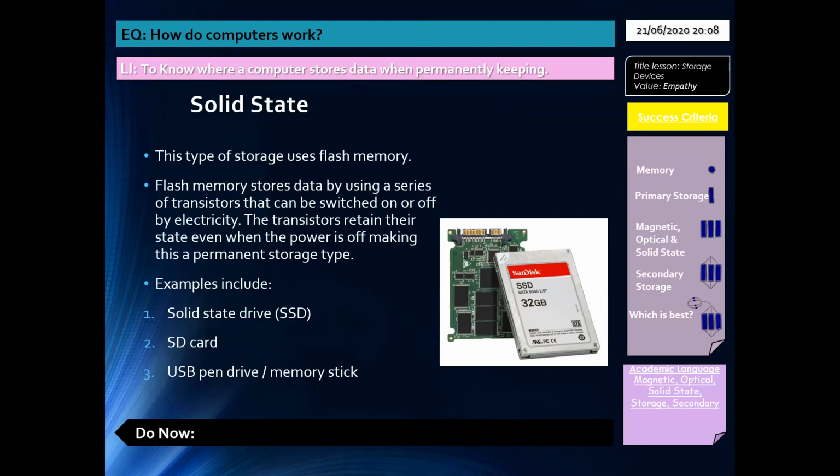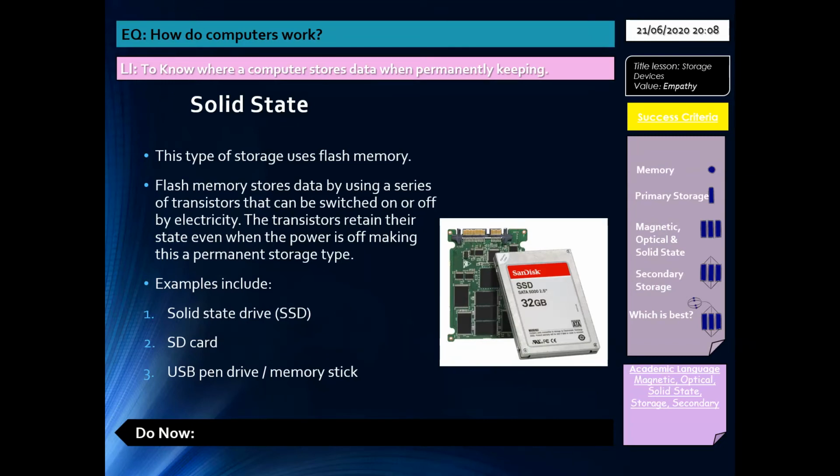Solid state. This type of storage uses something called flash memory. These are far more common these days. Flash memory stores data by using a series of transistors that can be switched on or off by electricity. Transistors retain their state even when the power is off, making this a permanent storage type.